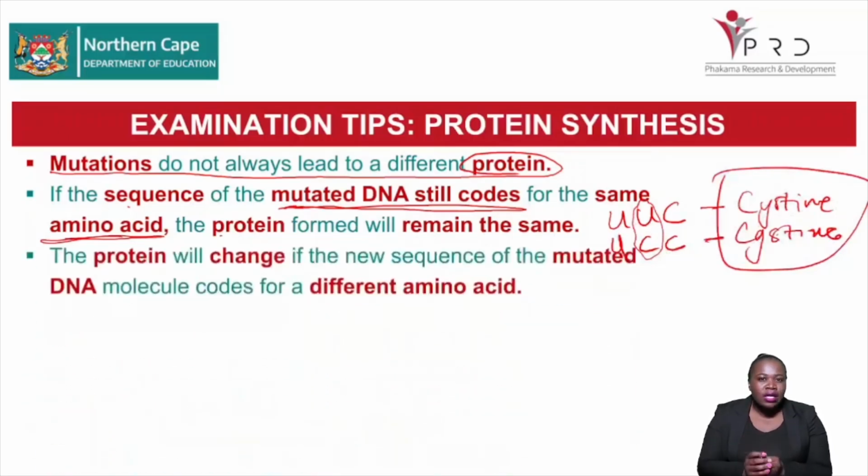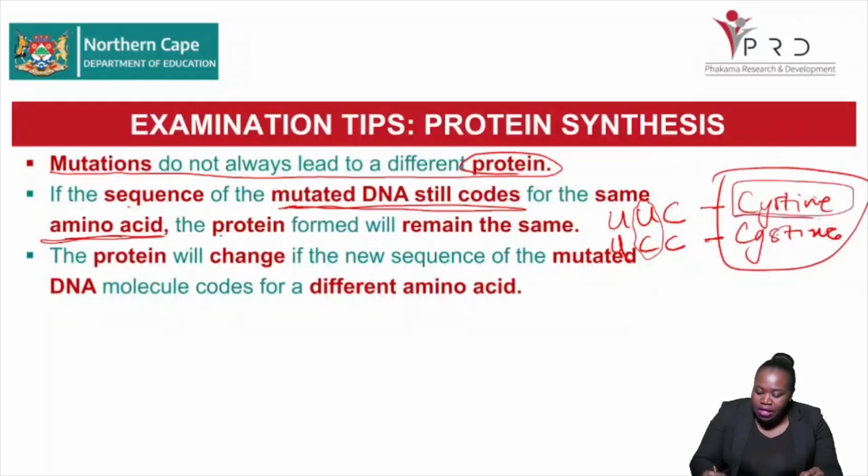So you should not cram that every time you see a mutation, the protein is different. Just go through it and understand exactly what is happening. What you would see on the table of amino acids that you're provided with is that the amino acid would appear twice with 2 different codons or anticodons.